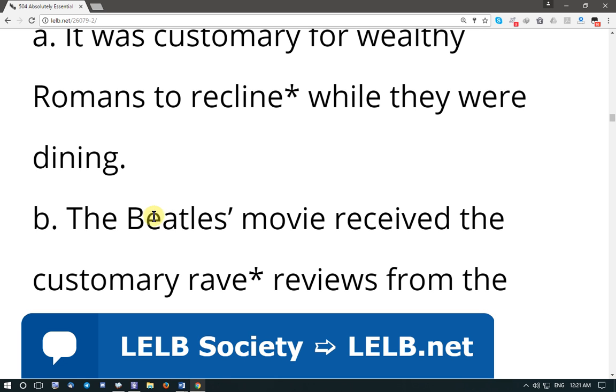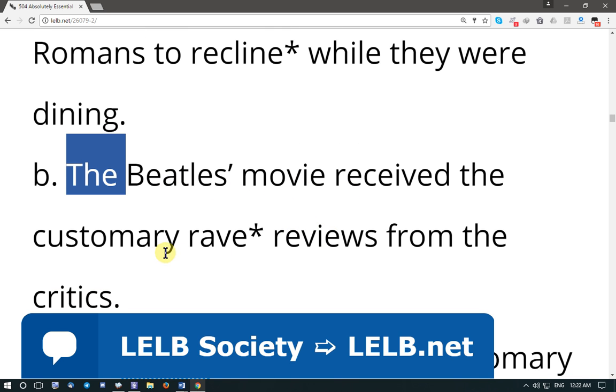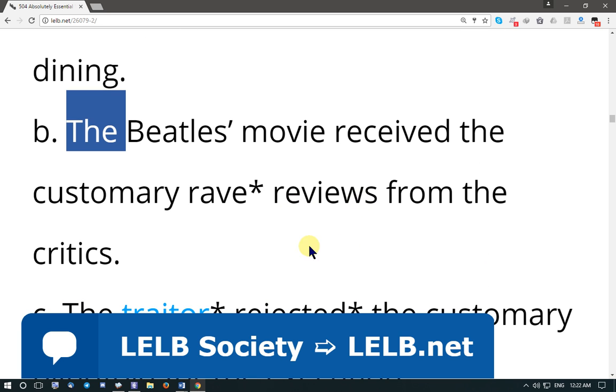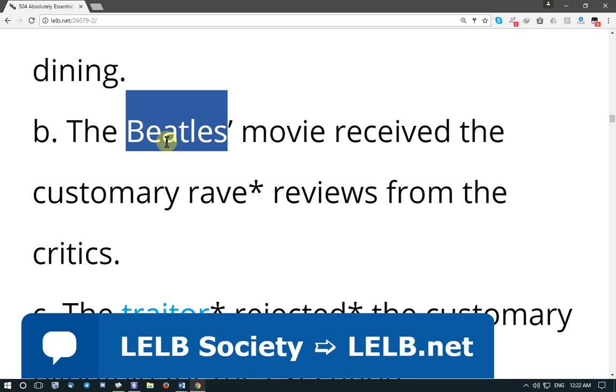Okay. Sentence B. The Beatles movie received their customary rave reviews from the critics. The Beatles and the Rolling Stones were two famous rock and roll bands in the middle of the 20th century, around the 1960s and 1970s, and the Rolling Stones are almost famous these days too.